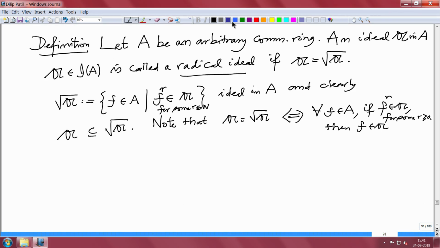Now, some examples of radical ideals. Whenever we have a concept, we should tell what the examples are of that kind and not of that kind. So, some examples. One, every prime ideal is a radical ideal.